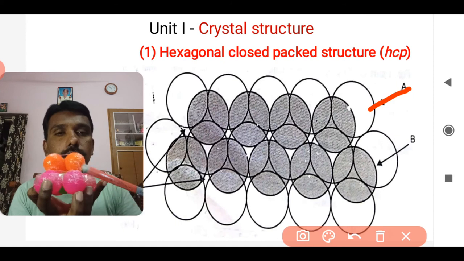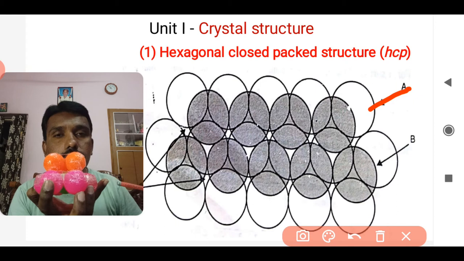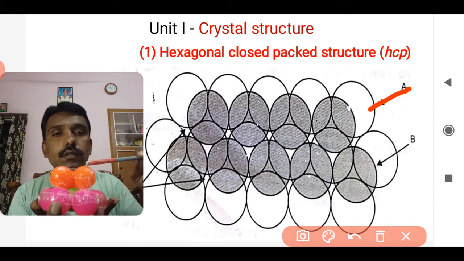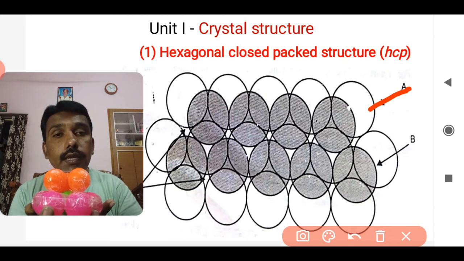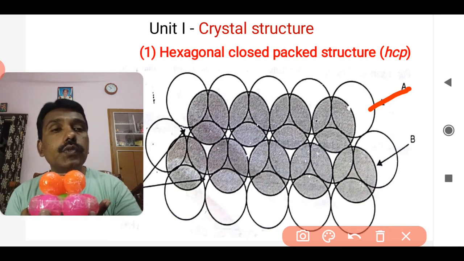The A layer contains six atoms surrounding a center atom, and the B layer has three atoms. Again, the third layer will come, and it is shown here.